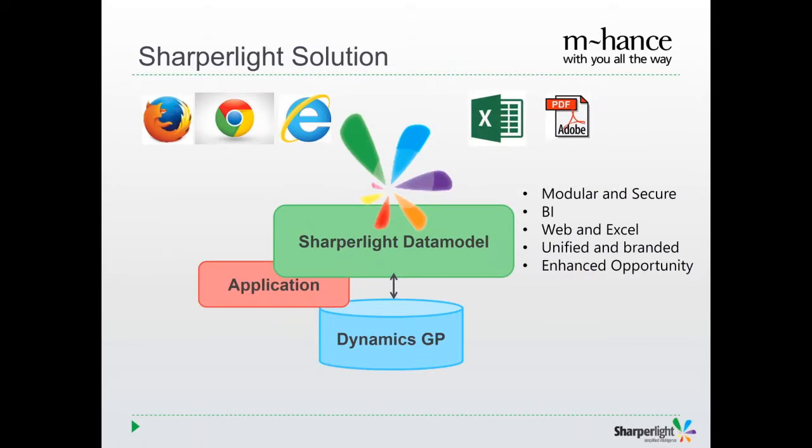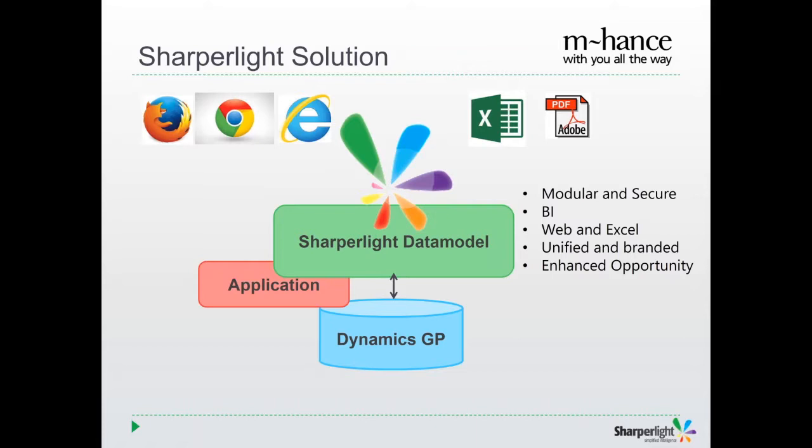If we were to look at the structure of how Sharperlight interacts with Dynamics GP, you can see that the Sharperlight data model, the green section in the middle, interfaces directly with the Dynamics GP blue section, which in this representation is the database. It doesn't use the application layer, which means that Sharperlight can extract data directly from the database.